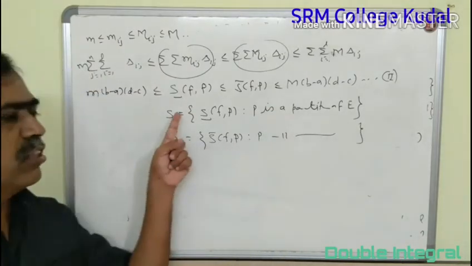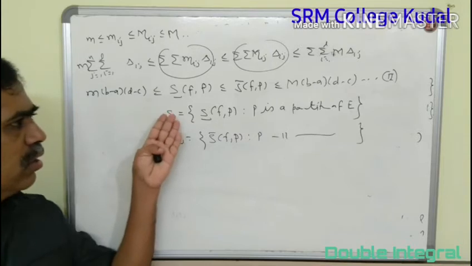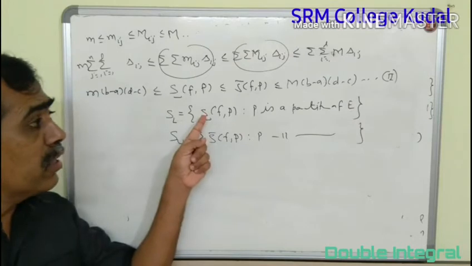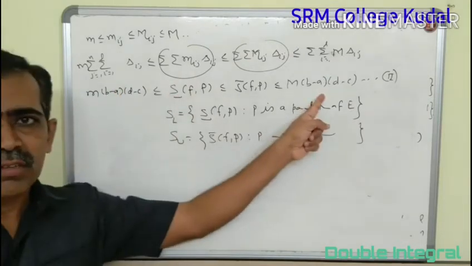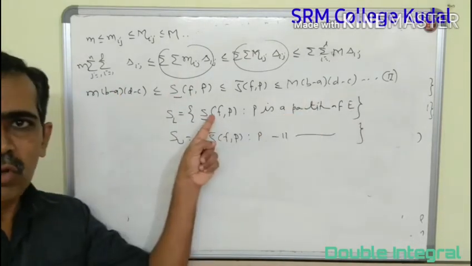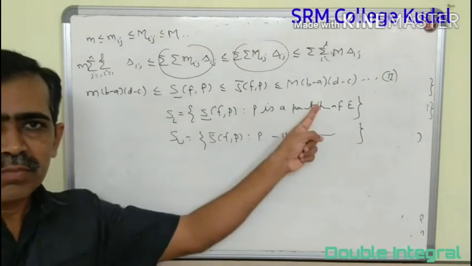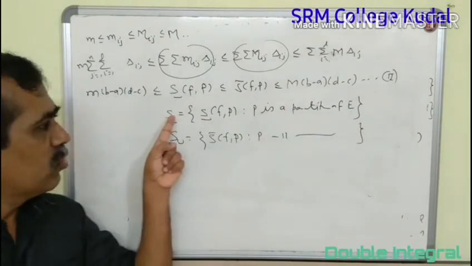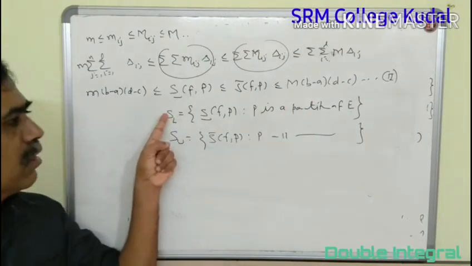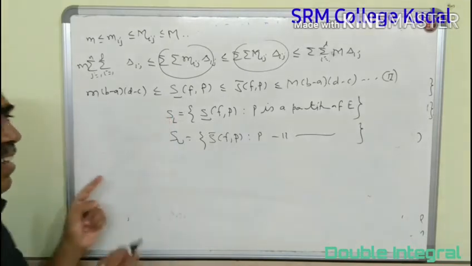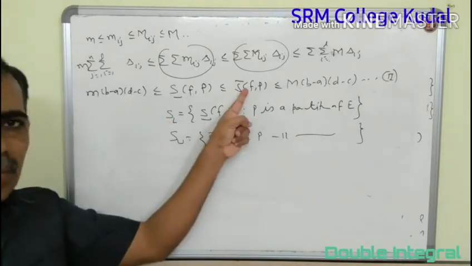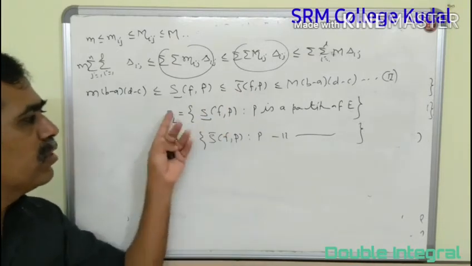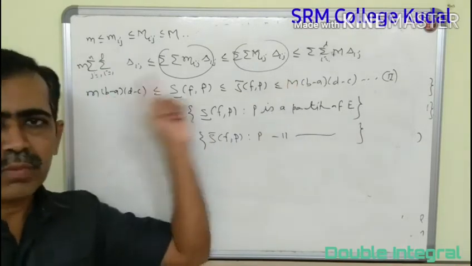Thus I have two sets: the set of all lower sums and the set of all upper sums. Remember, each lower sum lies between these two numbers, so every member of the set lies between these two definite numbers.